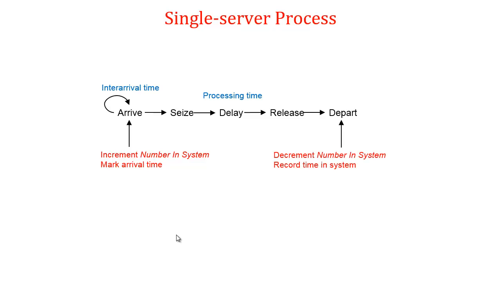Similarly, when an entity departs, we will decrement the number in the system, saying that since this entity left, our system now has 1 fewer entities in the system. And we'll also record the time in system, because at this point in simulated time, we now know how long the entity spent in the system. It'll simply be the simulation time at this point minus the marked arrival time.